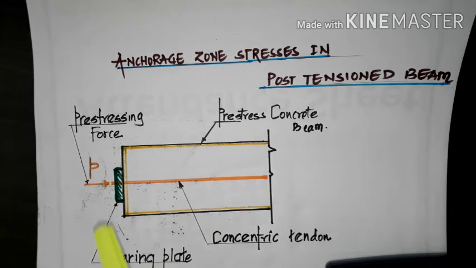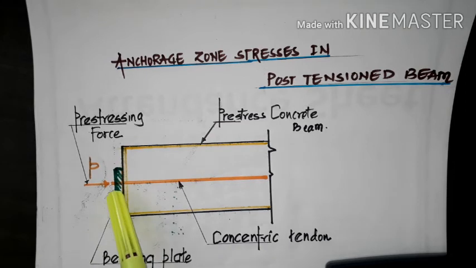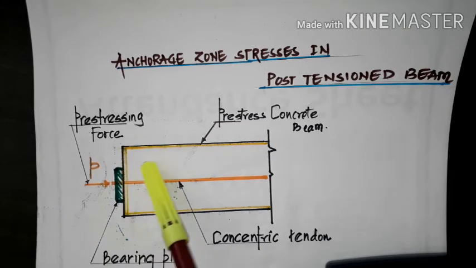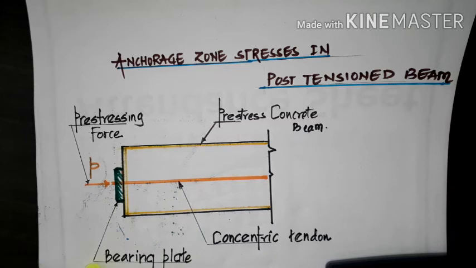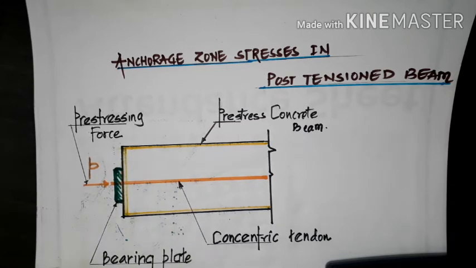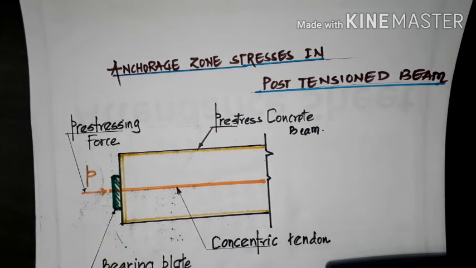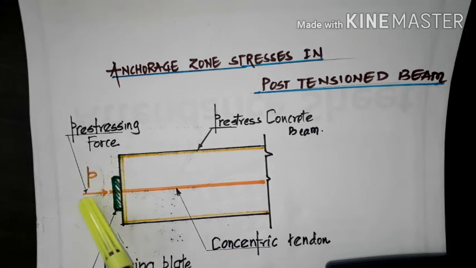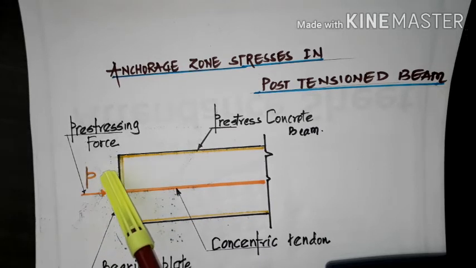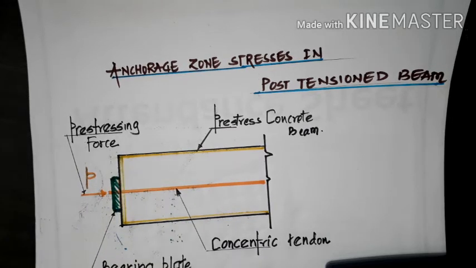As a result of this, a large force is concentrated over a relatively small area. This bearing plate bears the load. Whatever concentrated force is transferred has to be borne by this bearing plate, and the bearing plate will transfer the force into the internal part.